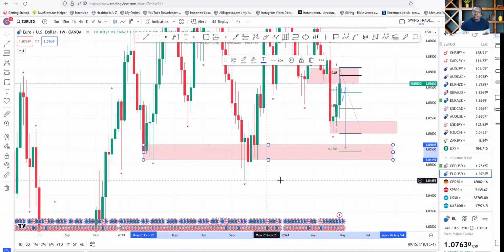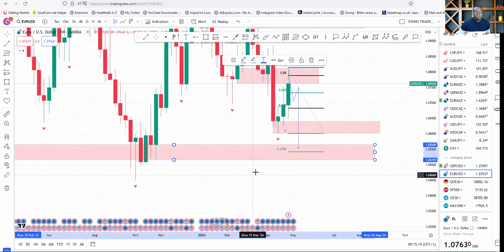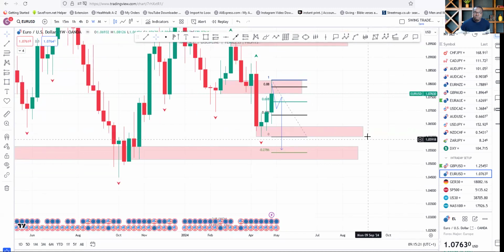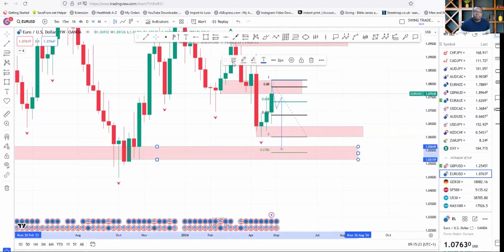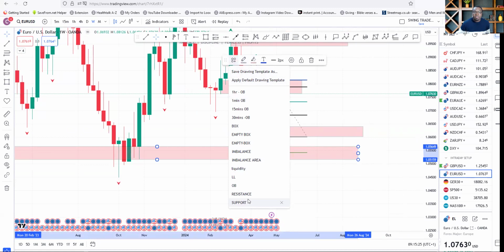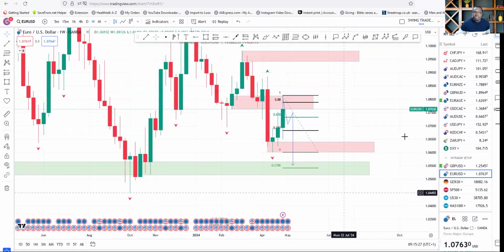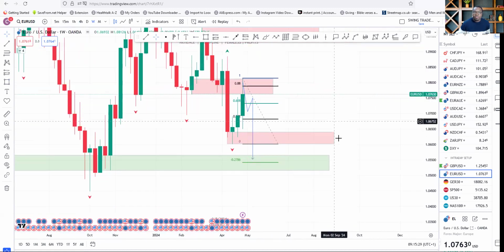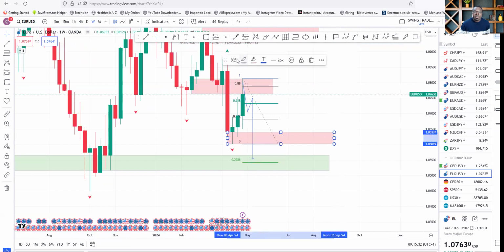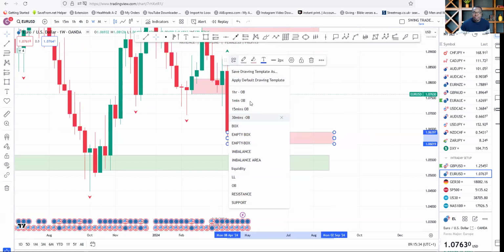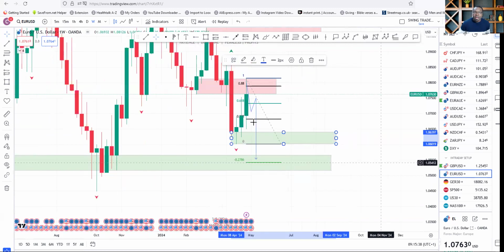Okay, that's a strong weekly support. Let me change this to support. All right, there's a strong weekly support that you can see there, a very strong one. And also this one as well, there's a strong weekly support that you can see there. So that's price action there.